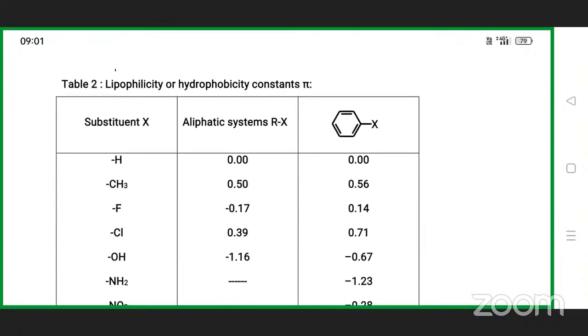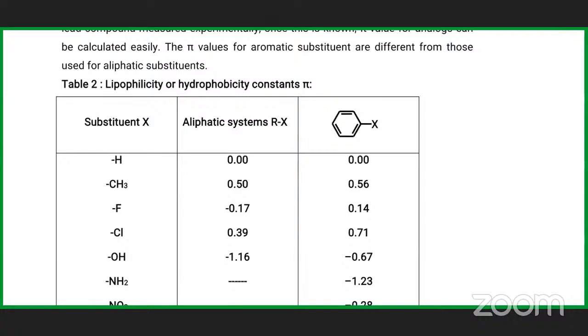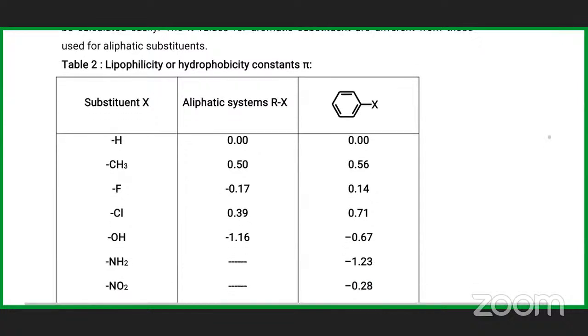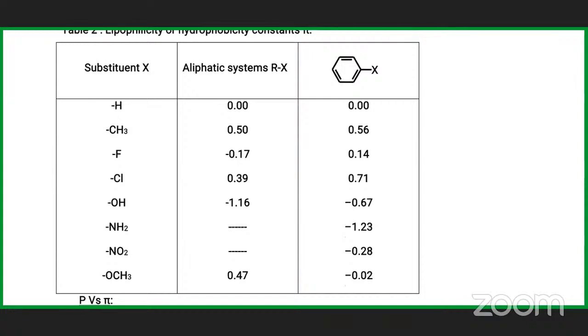So these values guide us as to which substituent needs to be considered to generate a QSAR model or equation. For example, if the partition coefficient value is going to decrease, in that case you take the substituent whose value is more. Then you can see the increase in the partition coefficient value.